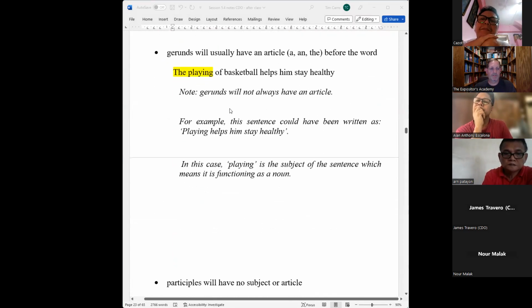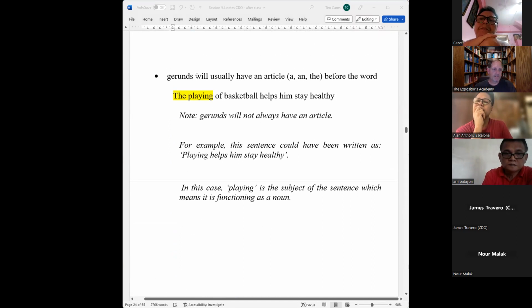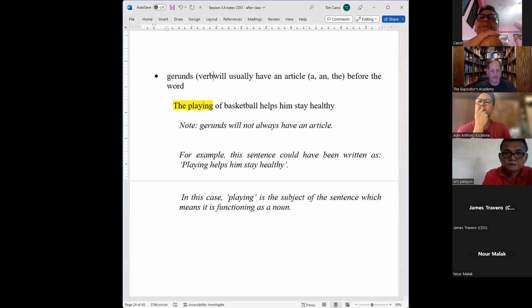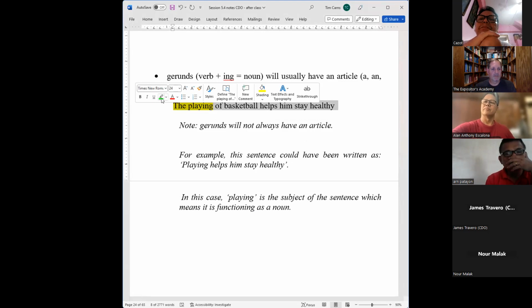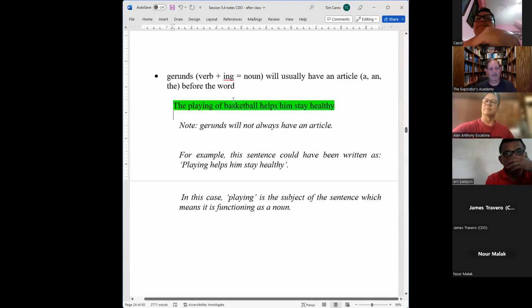Now, what about the gerund? This is a verb plus ing, which functions as a noun. Okay. The playing of basketball helps him stay healthy.